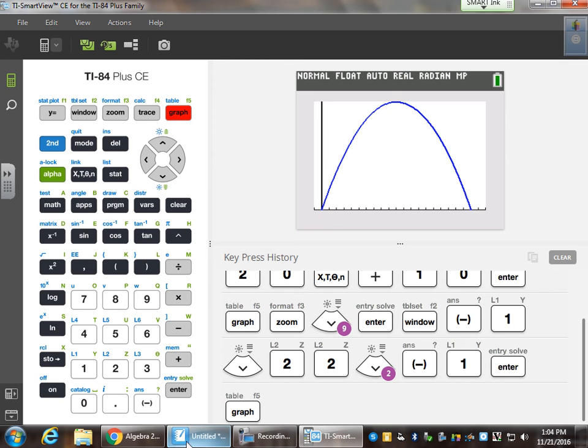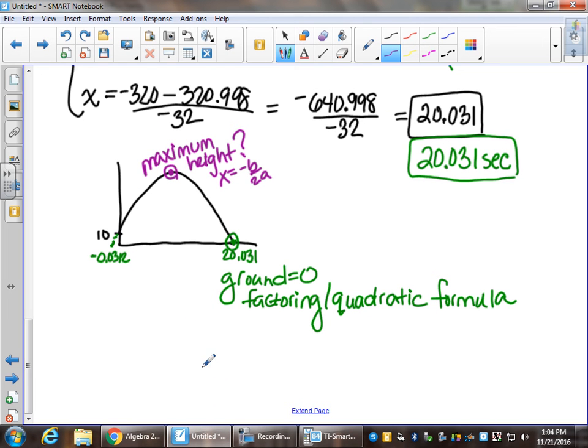What if I asked you, when will the arrow be at a height of, let's say, 140 feet? So that would no longer be set equal to 0. That would be 140 equals -16t squared plus 320t plus still the initial height of 10.